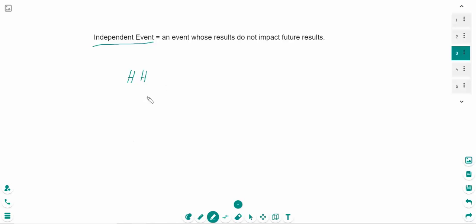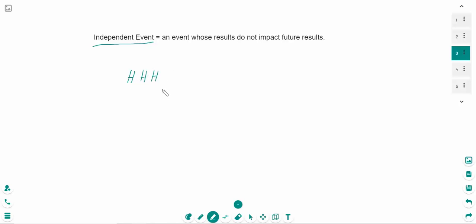And I flip it a third time, and I get heads the third time. I get heads 3 times in a row. Now, is it less likely for me to get heads on the 4th try? Another way to say that, is it more likely now that I'll get tails on my next try because I've gotten 3 heads already in a row?